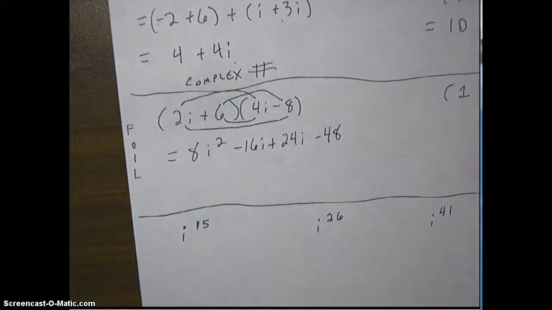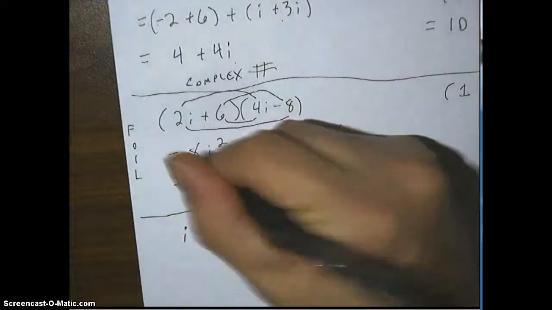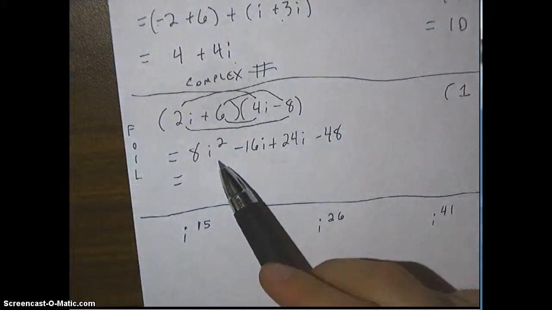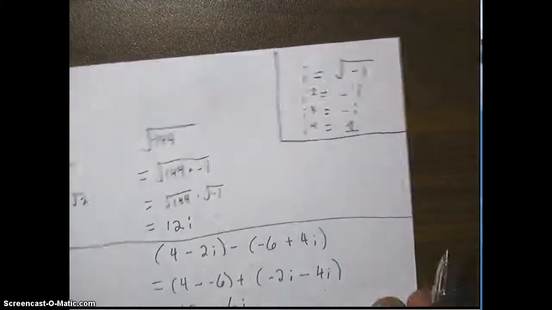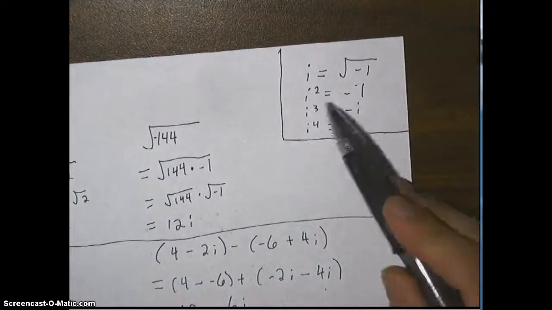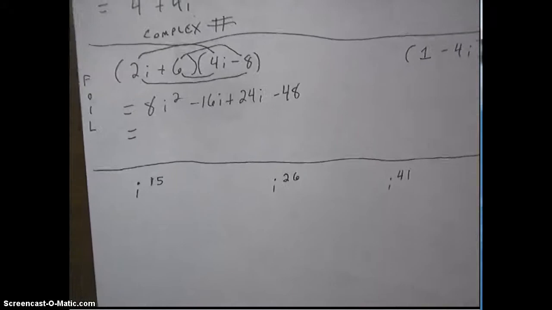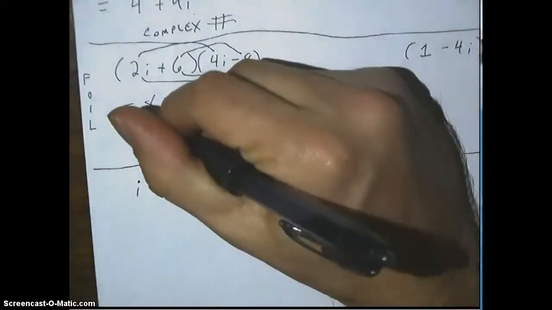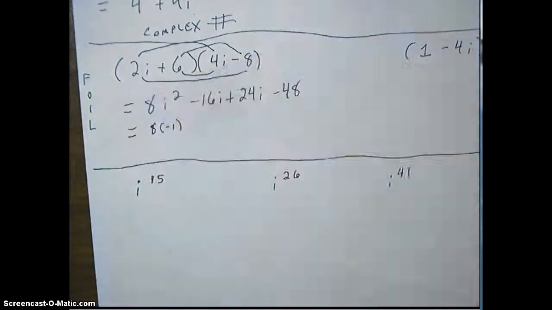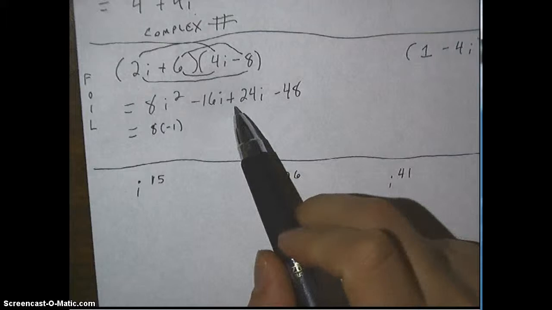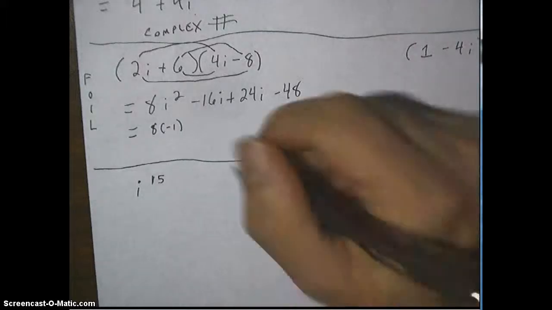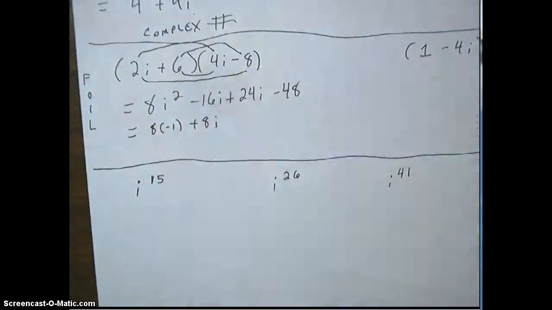So now I need to combine like terms. But first, 8i squared. Remember back up here when I said there's 4 numbers you need to know? i squared equals negative 1. So if I change that to a negative 1, that's going to be 8 times negative 1. I can combine these like terms. Negative 16i plus 24i is plus 8i.